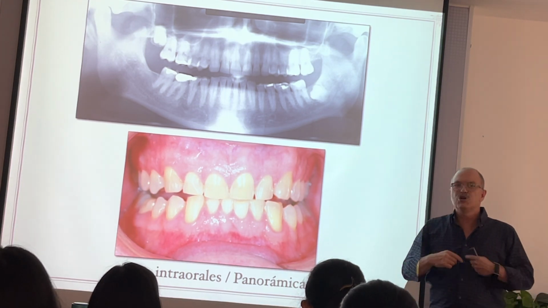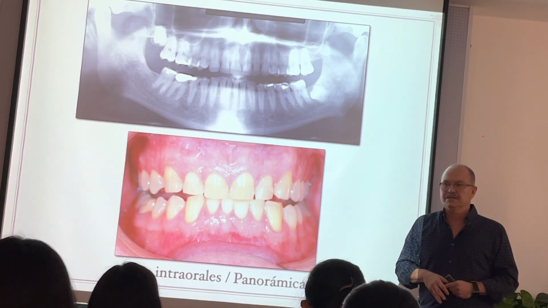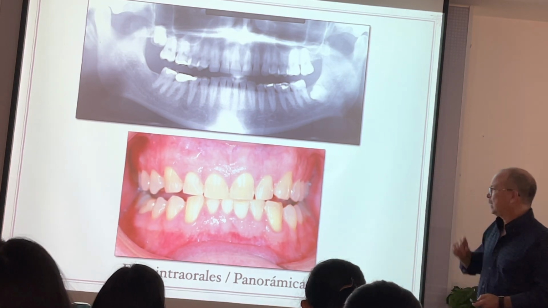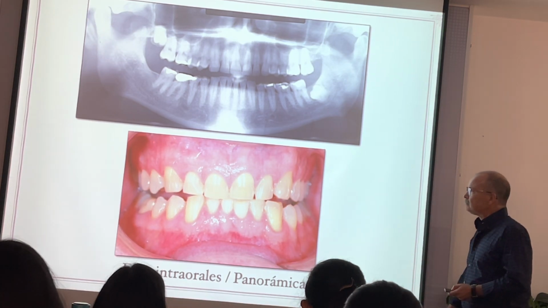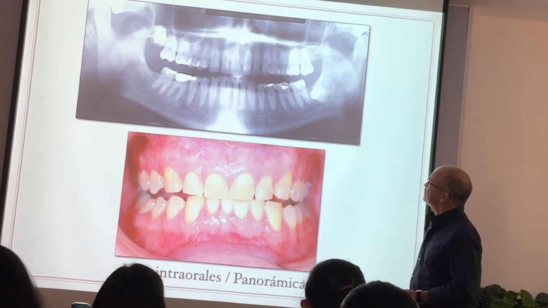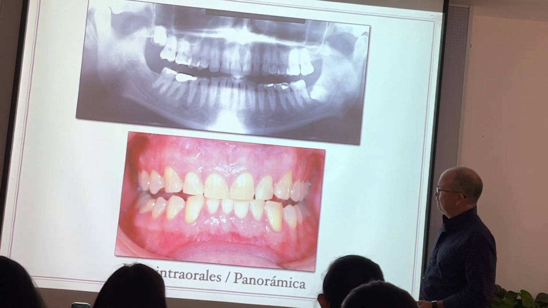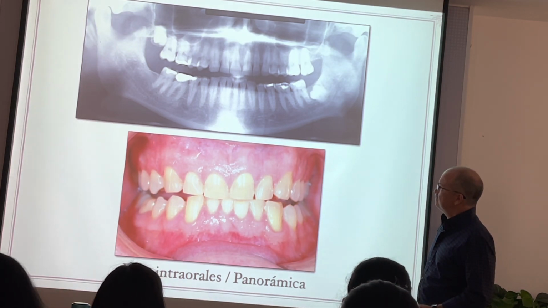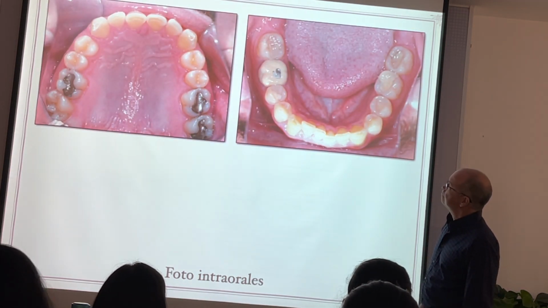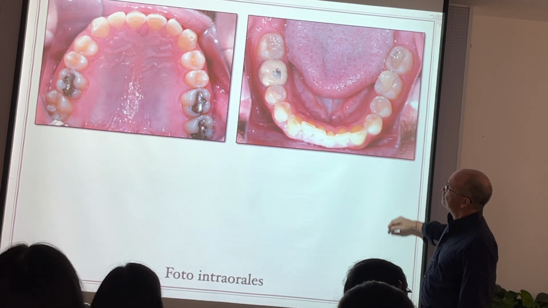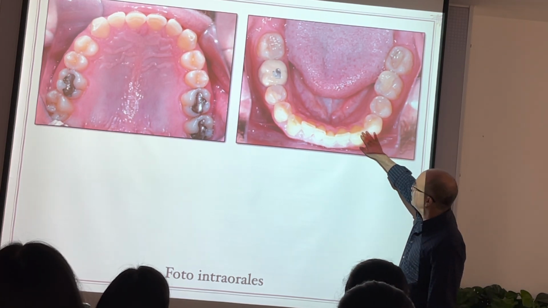Bruxism is a normal activity. Thì thầy đã nói trên cái phim Pano mình vẫn có một cái hình dung được về cái đường cong Spee. Thì ở đây khi mà đưa cái hàm ra trước thì anh này anh nghiến rất là dữ dằn luôn, và thầy nói cái việc nghiến răng là một cái hoạt động bình thường như chúng ta đã biết.